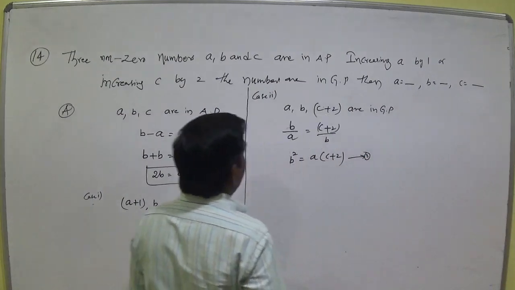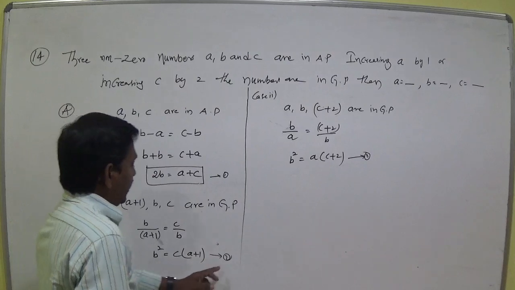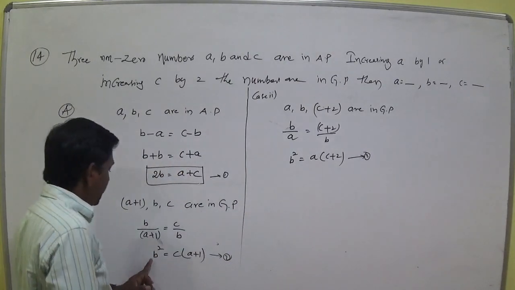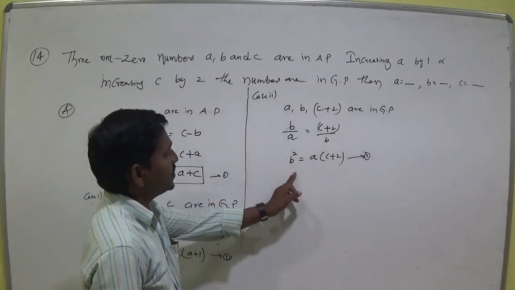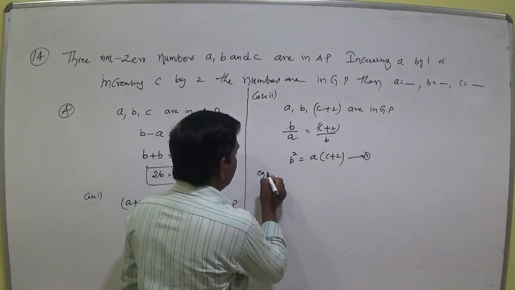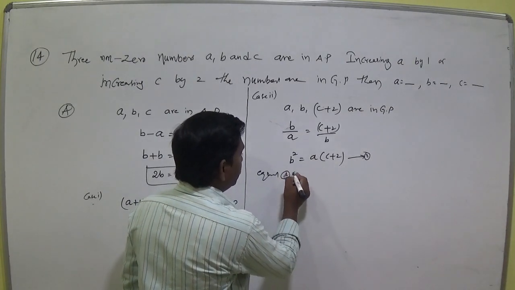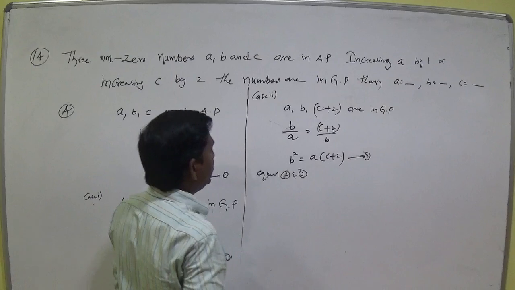Okay, here we have to observe b square, and we have to equate equations 2 and 3.